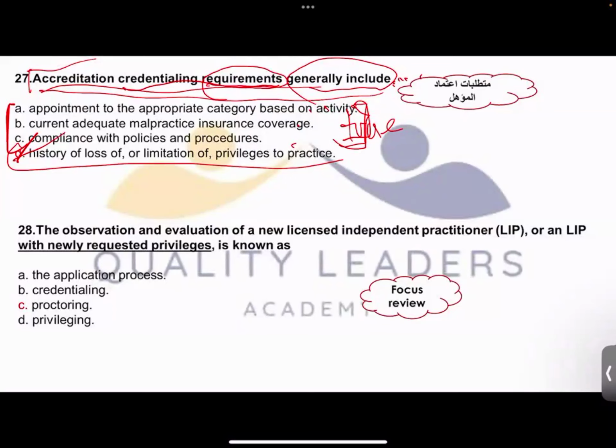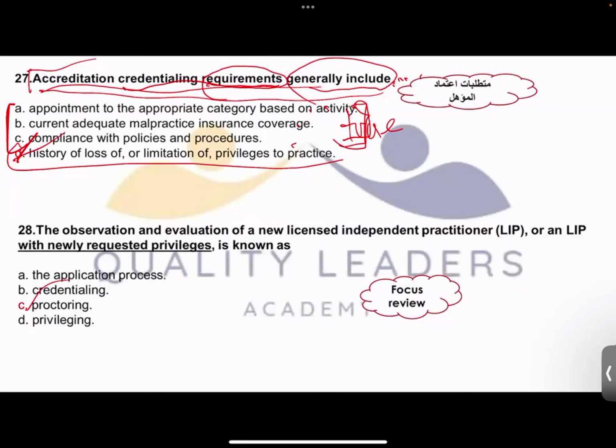Thank you. So for number 28, the observation and evaluation of a new licensed independent practitioner, LIP, with newly requested privileges is known as: A, the application process, B, credentialing, C, proctoring, D, privileging. C, proctoring. Very good. Okay, this is the answer.